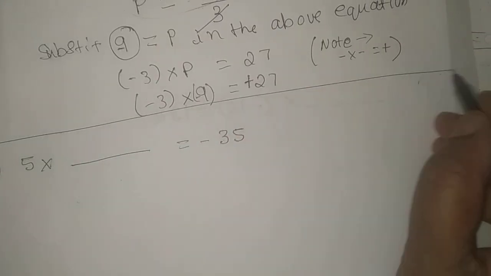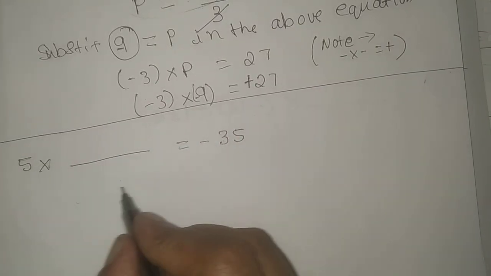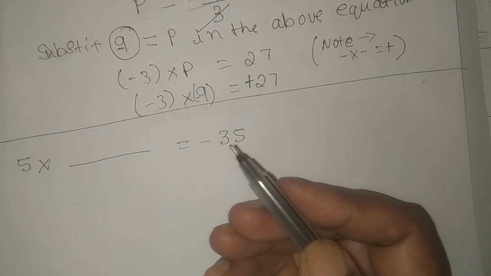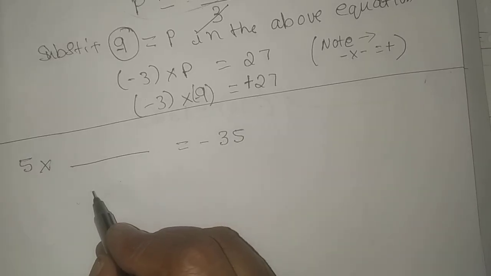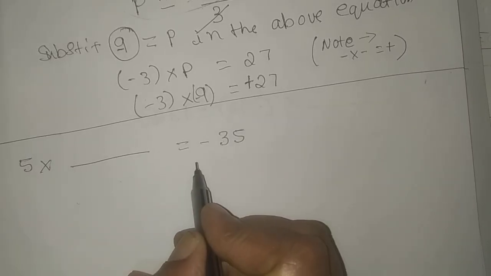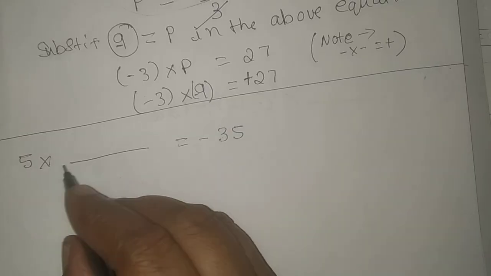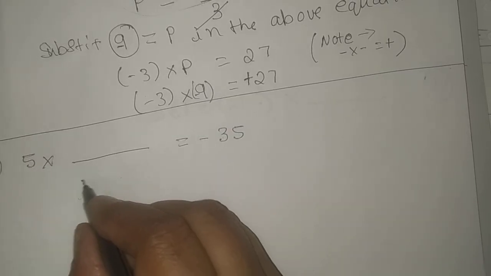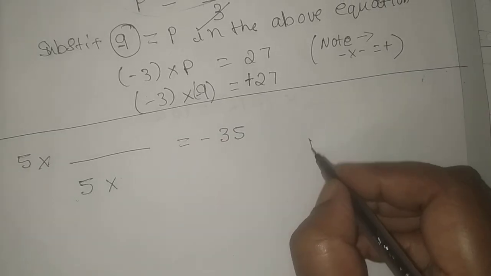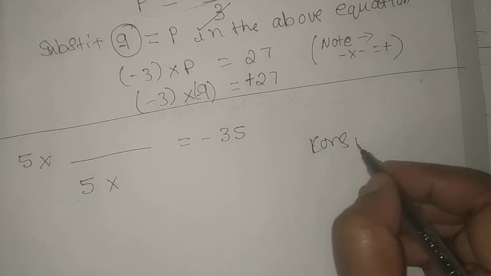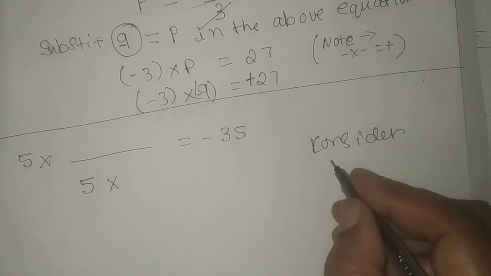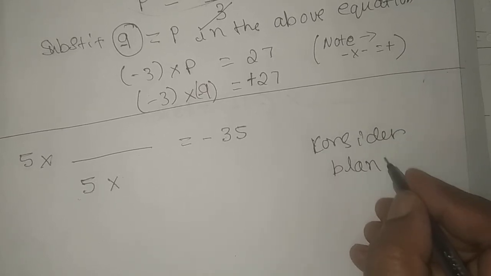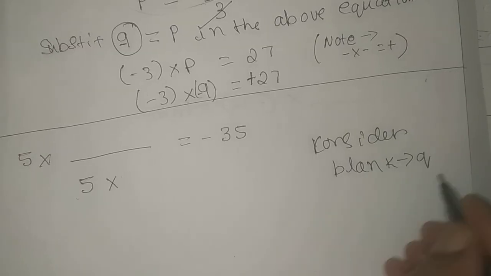We move on to the second one, B, that is 5x is equal to minus 35. So I'll take 5x. So blank is, consider blank is equal to q.